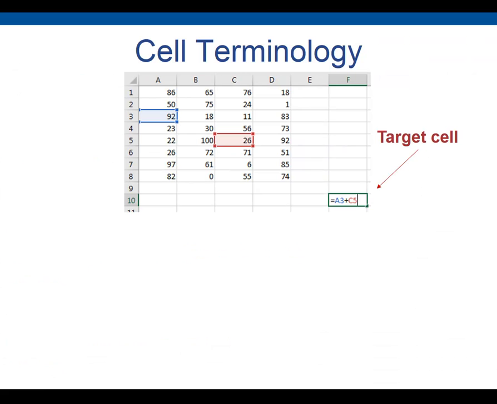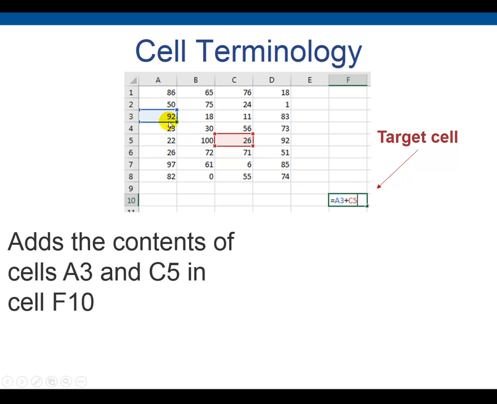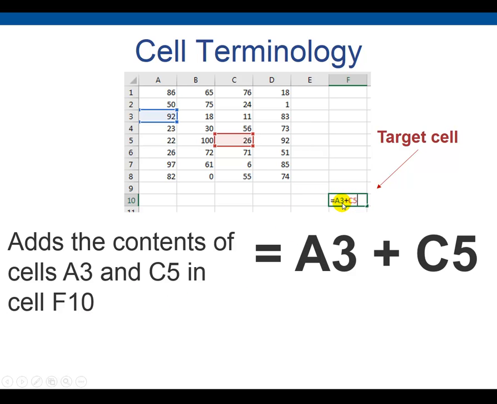Let's look at the cell terminology. We have this data set, 4 columns and 8 rows. Here we want to add these 2 values, 92 and 26, which are in cell A3 and cell C5, and in cell F10 we just type equal A3 plus C5, and then Excel will calculate.